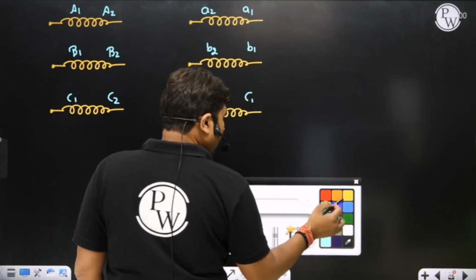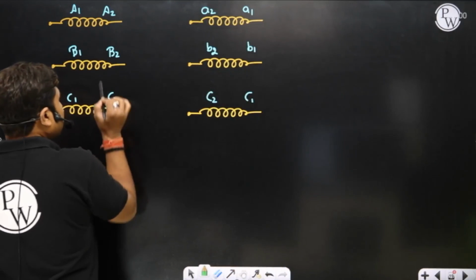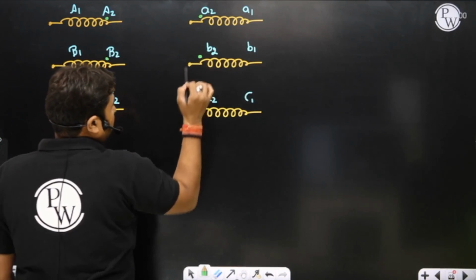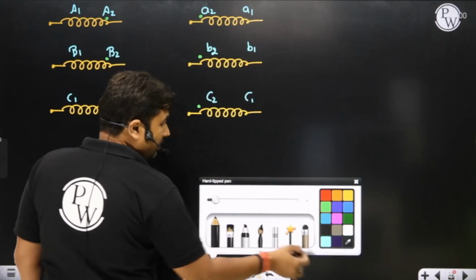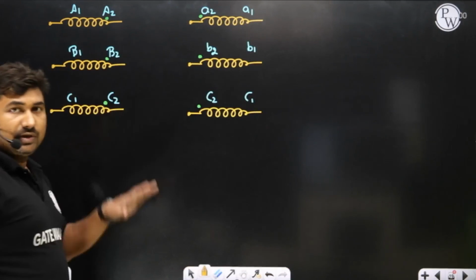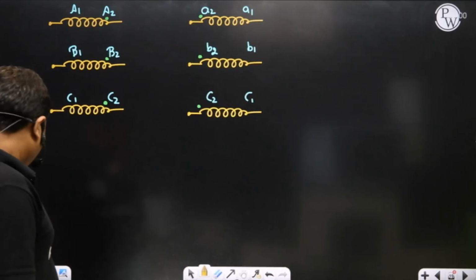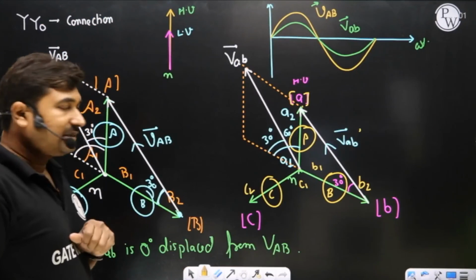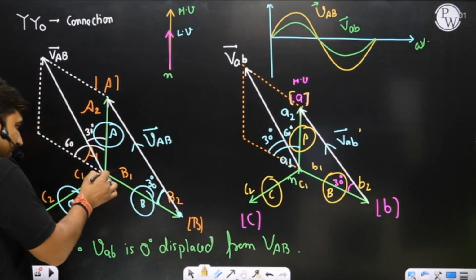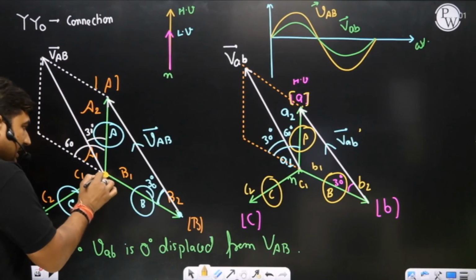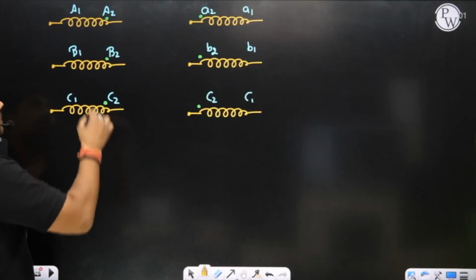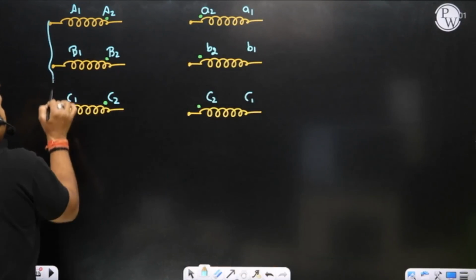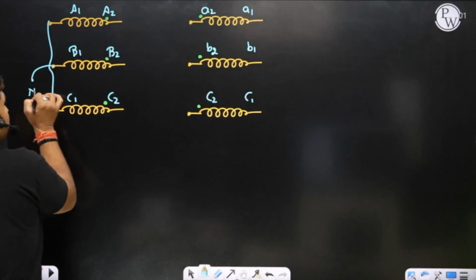We know how to find the dot. Yes, sir. After performing the polarity test, we can calculate. Once we know about the dots, then our phasor suggests how to make the desired connection. Phasor suggests A1, B1, C1 are shorted. So I'm using one external wire to short A1, B1, C1, and we have a neutral.